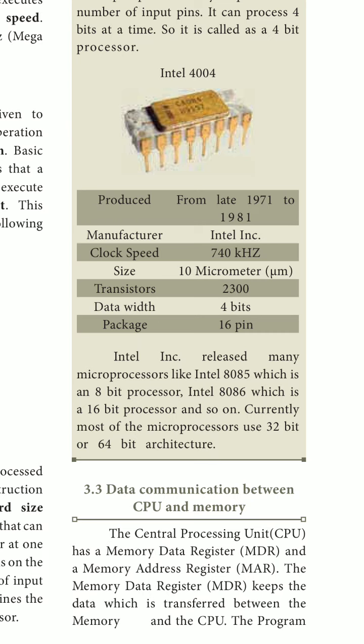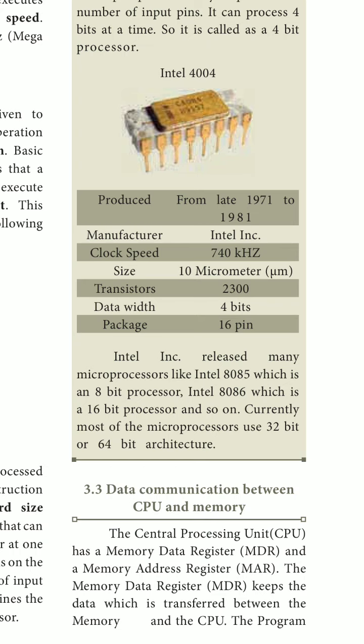The size of the microprocessor is 10 microns, it consists of 2300 transistors, the data width is 4 bits, and the package has 16 pins.